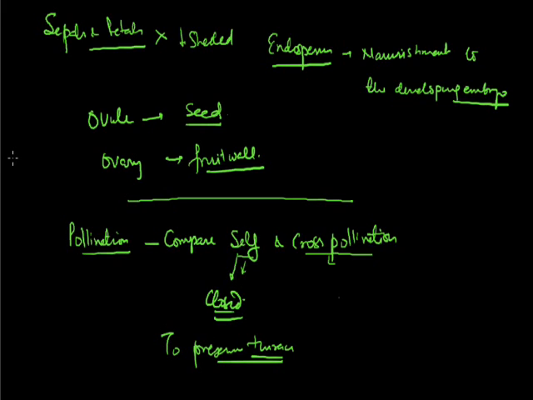The differences between self-pollination and cross-pollination are many. A self-pollinated flower will never help in production of new varieties or species, because the characters are conserved and not changed, whereas in cross-pollination there are chances that characters may be transmitted from one plant to another plant.